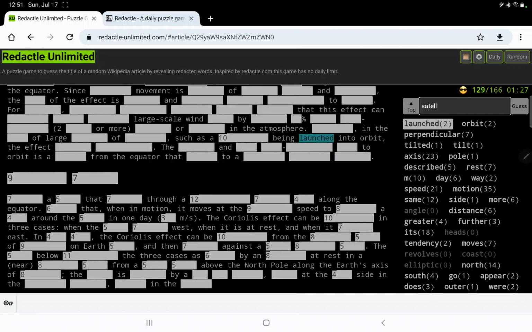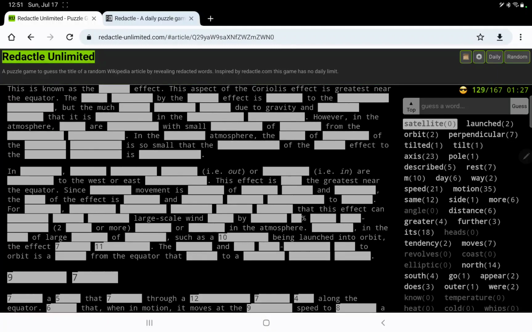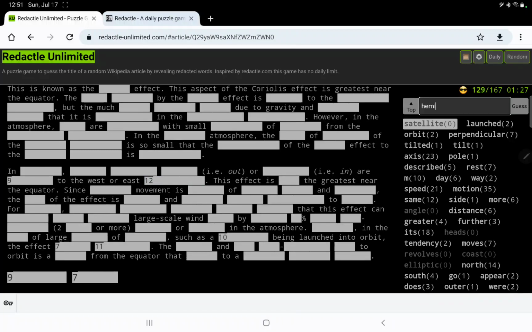Okay, a satellite. No, such as a something being launched into orbit. The effect to the west or east, that must be hemispheres, I'm thinking. Oops. No, and I did hemispheres. To the west or east, something.